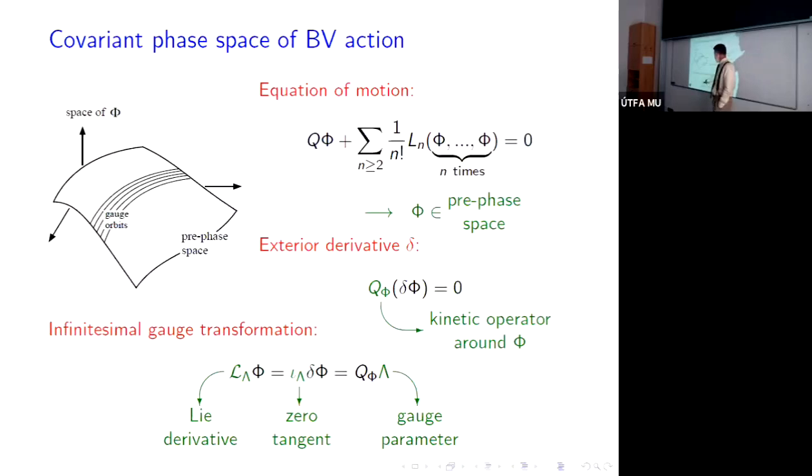The infinitesimal gauge transformation, the derivative of the field phi along this vector field, is given by this equation, Q phi of lambda. That's the form of the infinitesimal gauge transformation in the PV field theory. So the pre-phase space is the space of solutions, and the phase space is the space of solutions modulo motion along these gauge orbits.